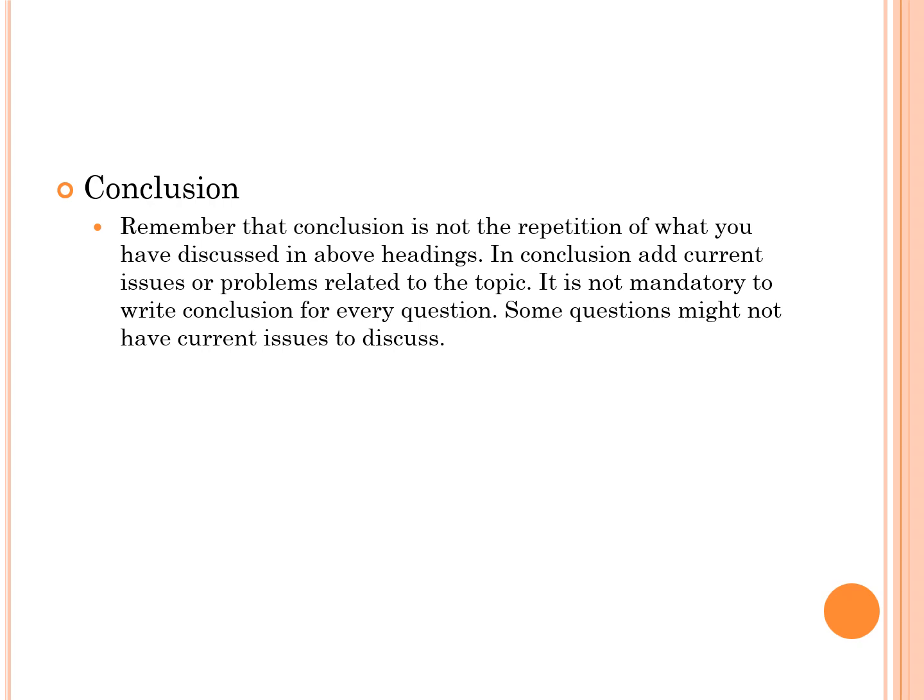For example, in competency, you think that there needs to be a change, or there is a current debate ongoing. For example, in Hindu law, the problem of age of marriage is debatable, and there is a huge debate going around about what the age for marriage should be. So in conclusion, issues like that should be addressed instead of just re-narrating what we have already discussed in the previous segments of the answer.